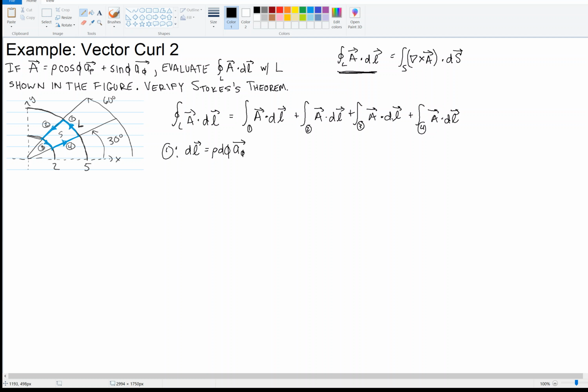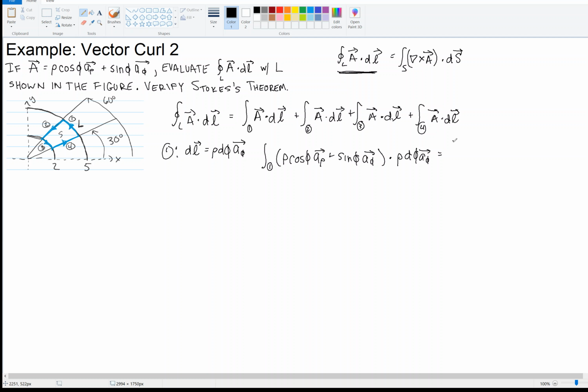And so when we integrate over segment 1, A dot dl, A is rho cosine phi a rho plus sine phi a phi, as given in the problem, dotted with rho d phi a phi. We note that a phi dotted with a rho is 0 because they are orthogonal.